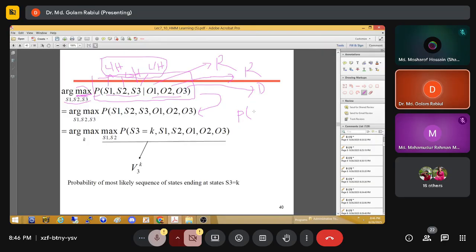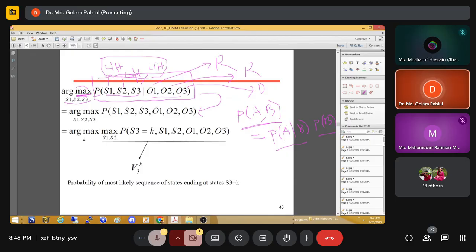So product rule means if we want to find the joint probability of two events A and B, then we can write it as probability of A given B times probability of B. So this is called the product rule. That means the joint probability can be written as the conditional probability and our initial probability.